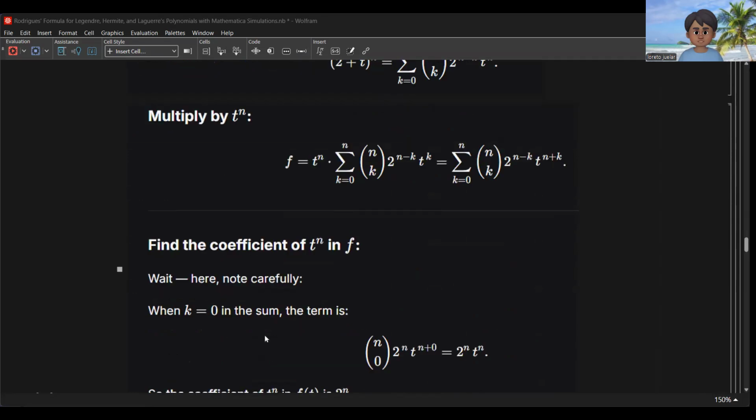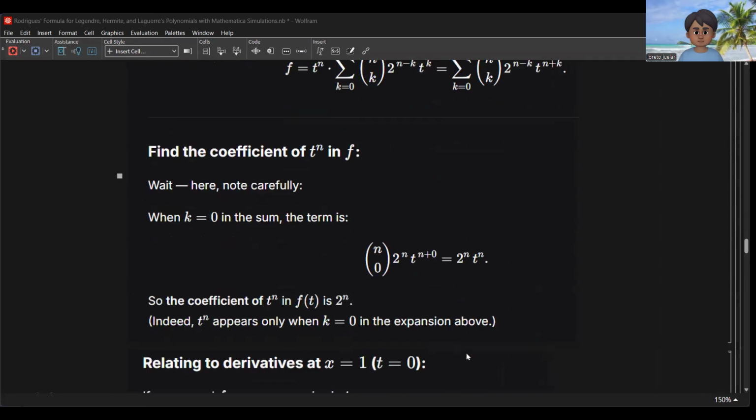Note carefully, when k equals 0 in the sum, the term is t to the n times 2 to the n, because n choose 0 is equal to 1. So we have 2 to the n times t to the n. So the coefficient of t to the n is 2 to the n, and indeed it occurs only when k equals 0 in the expansion above.